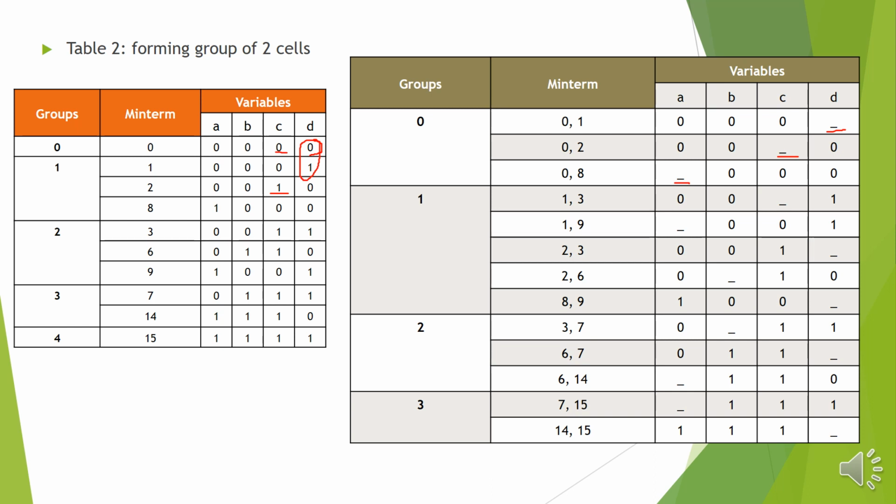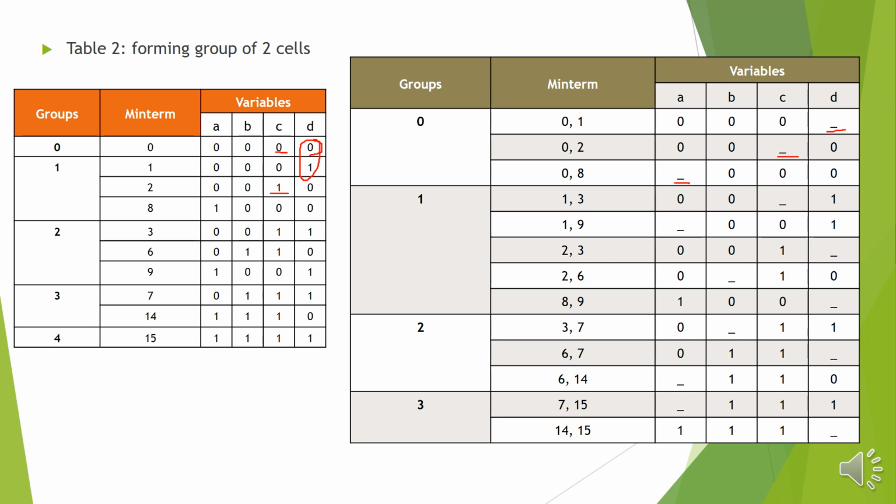By observing the dash in the minterms, make sure that if you place 0 in the dash, it forms cell 0, and if you place 1, it gives you the binary equivalent of 1. That's the verification you need to make at the time of placing the dash in the logically adjacent cells.